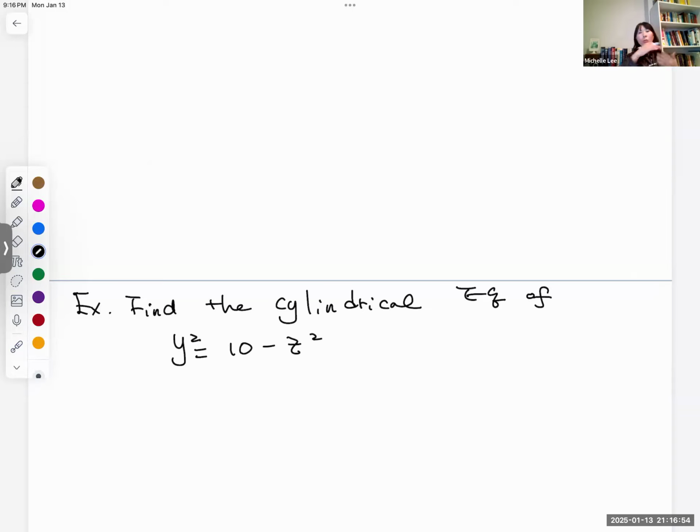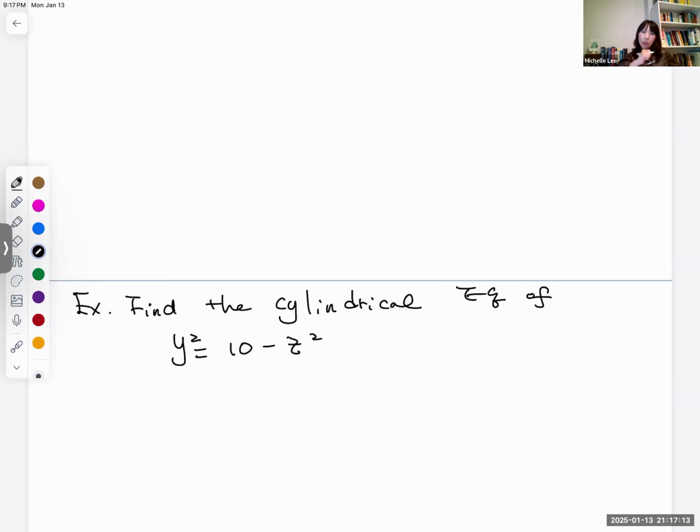So we want to express it in terms of r, cosine theta, sine theta, and then z, right? Cylindrical equation. Okay, so let's do it.